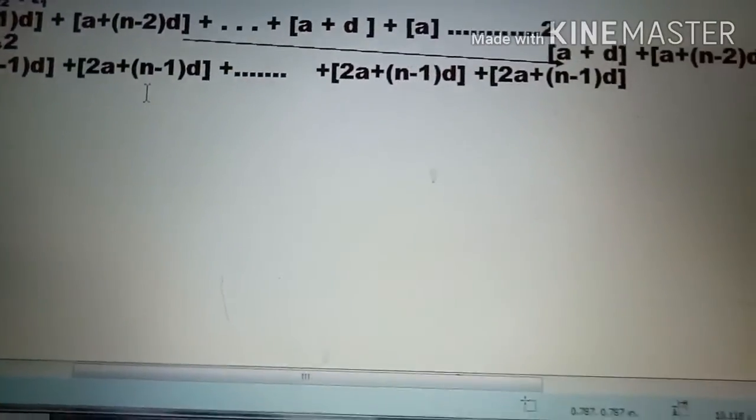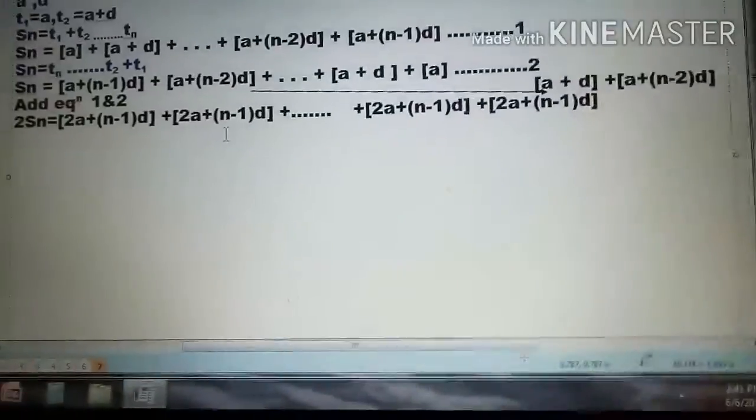These terms come a number of times, all terms are equal.